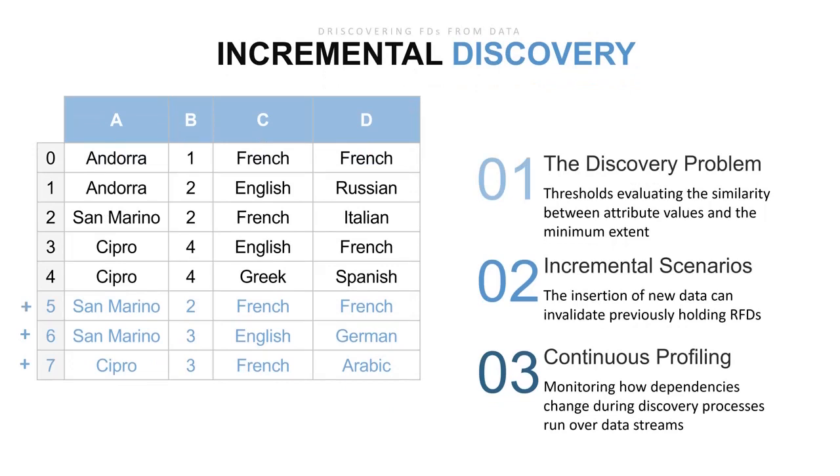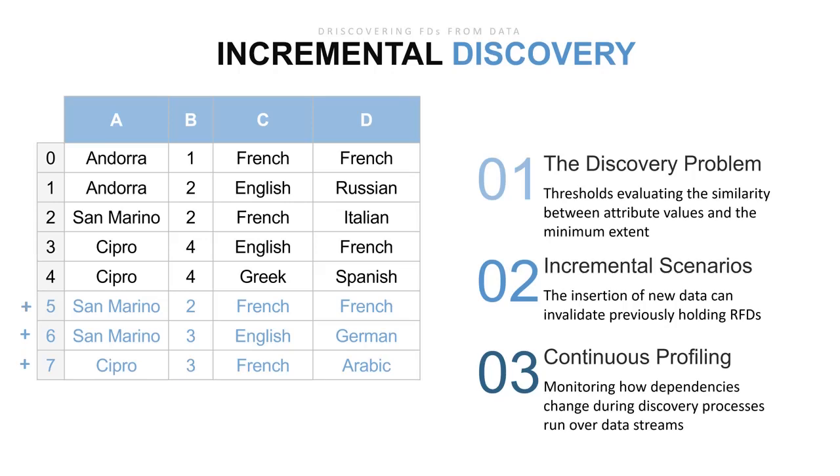Relaxed functional dependencies can in general be specified manually, but due to the necessity to define similarity thresholds and the satisfiability threshold, defining them manually results in a complex task. Thus, it is desirable to have means to automatically discover them from data. In the literature, several efficient algorithms for discovering RFDs have been defined.